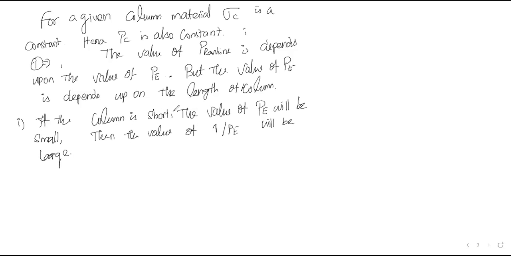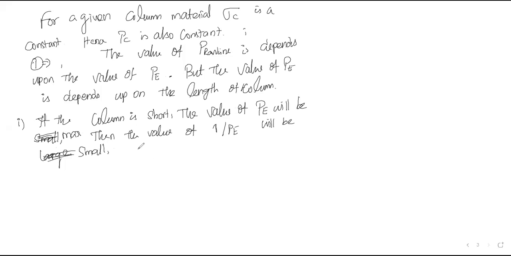I think if the column is short, the value of PE will become maximum, so that the 1 by PE value will become small.